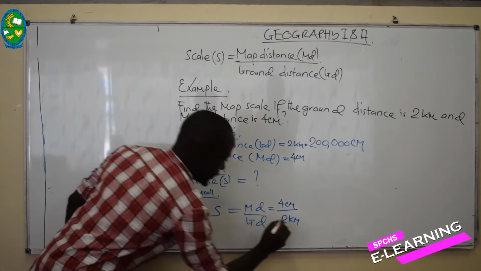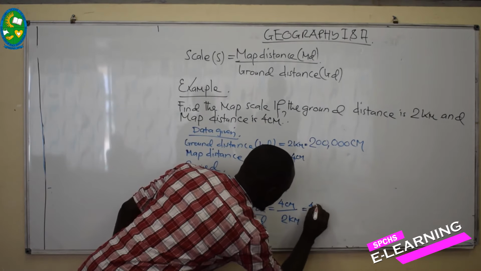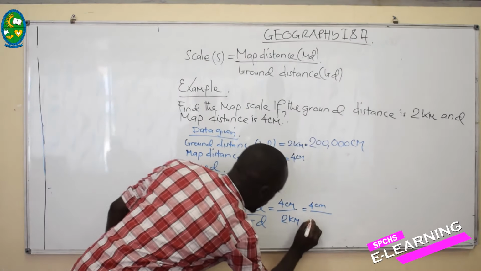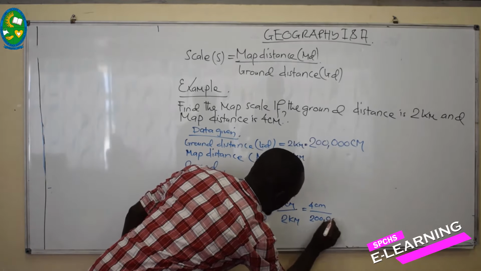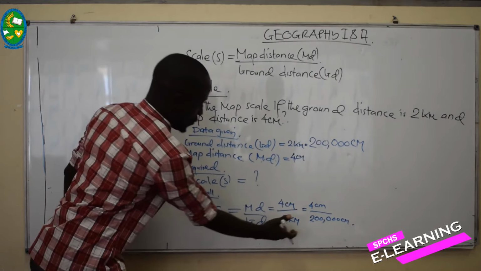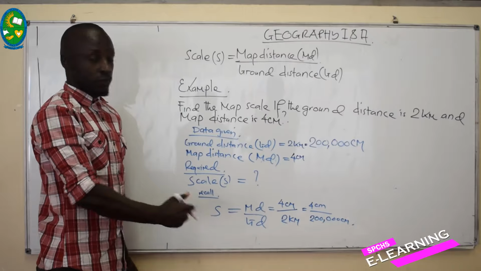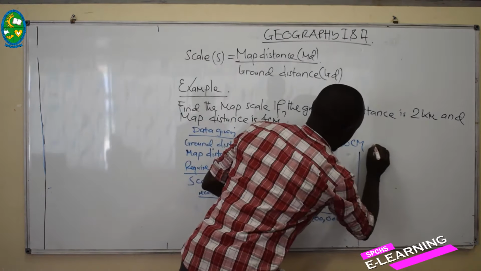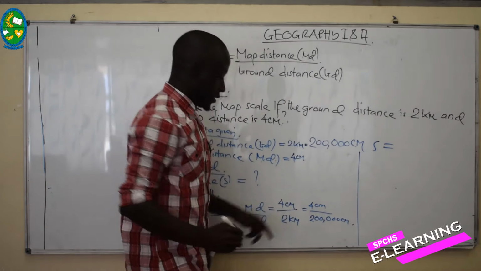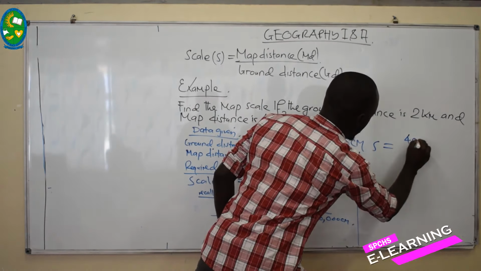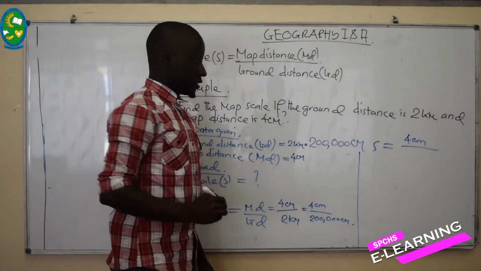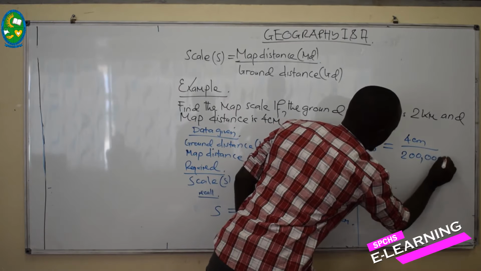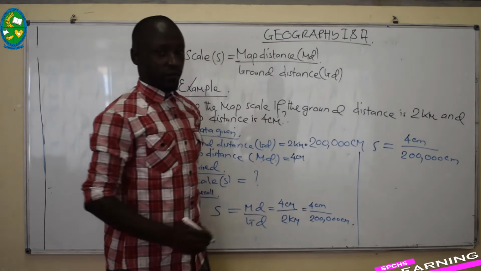Converting the kilometers into centimeters, we obtain 4 centimeters as map distance over 200,000 centimeters as the ground distance.